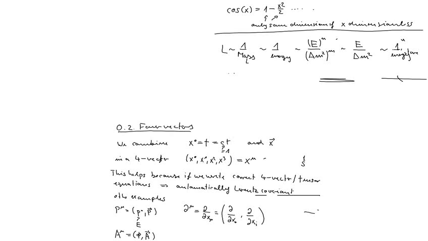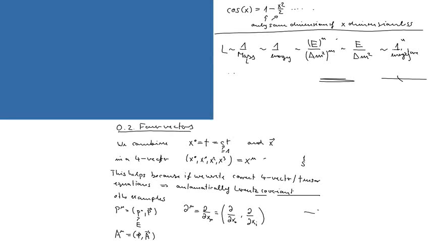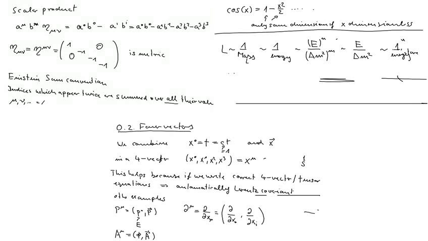For example, here we have mu, mu, nu, nu. So mu appears twice, nu appears twice, so we sum over all their values. That means for mu, nu, and so on, we sum 1, 2, 3, 4. And for our Roman indices i, j, and so on, we sum from 1 to 3. So this thing is actually a double sum, sum mu equals 1 to 4, sum nu equals 1 to 4 of A mu B nu eta mu nu. Okay.